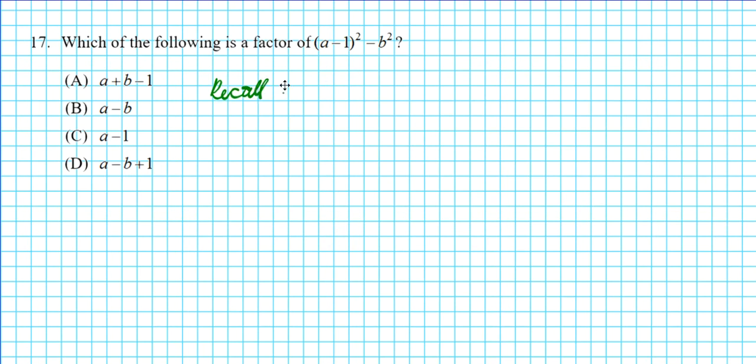I'd like you to recall that if you have a squared minus b squared, it factors into what you get when you take the square root of the first and the last and express it as a sum or difference. So the factored form of a squared minus b squared is a plus b times a minus b. Okay? So we'll apply the same idea here. This is the difference of squares.